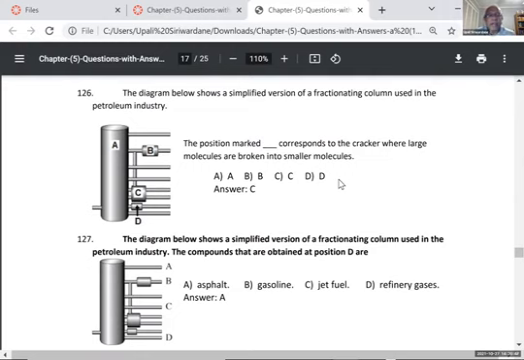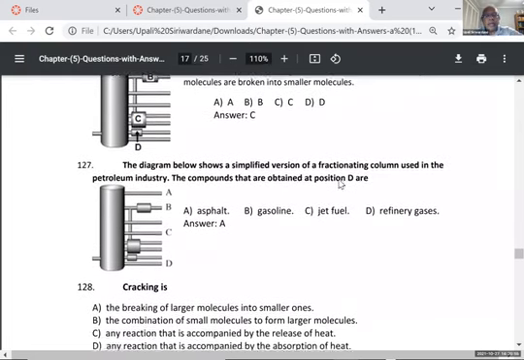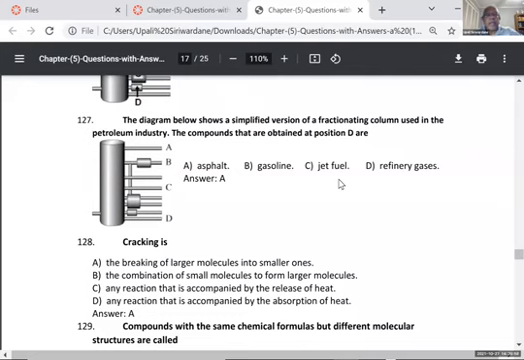The reformer is B. D is the coker. Asphalt is coming out of the bottom, A.